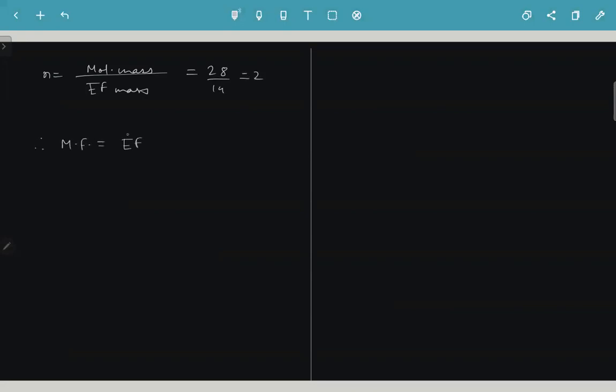The whole number n is equal to molecular mass by empirical formula mass, 28 by 14 is equal to 2. Therefore, molecular formula is equal to empirical formula whole n, CH2 whole 2 is equal to C2H4. Understood? Is this clear to everyone?